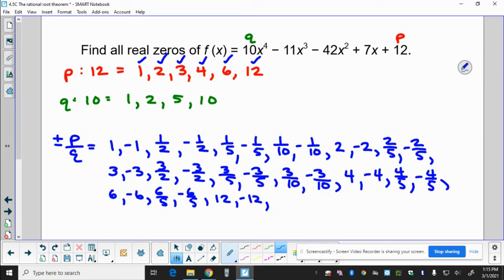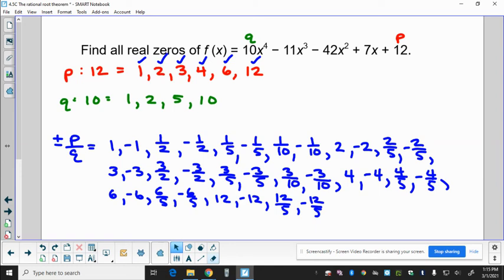We have that. 12 over 5. I do not think we have 12/5. And finally, 12/10. That would be 6/5. We have that. So we actually have all of our possible answers. Now, that's a huge list, right?